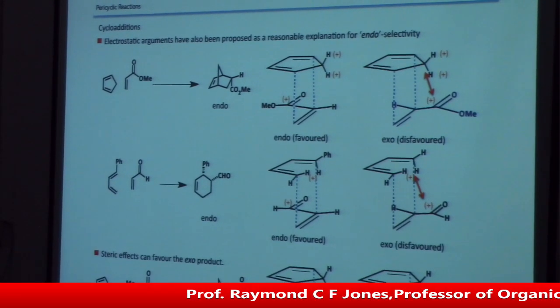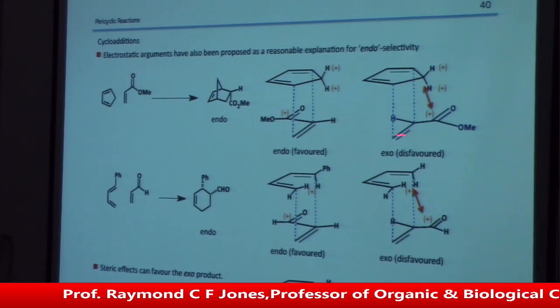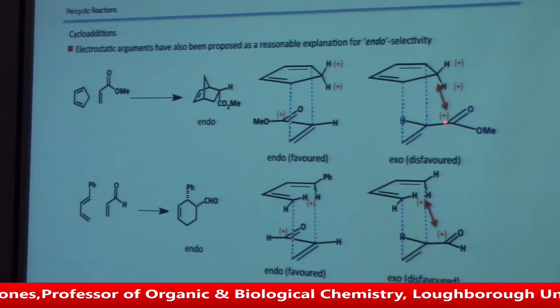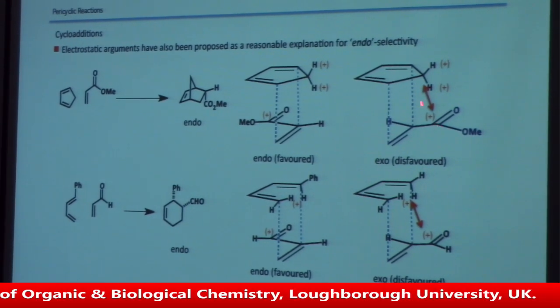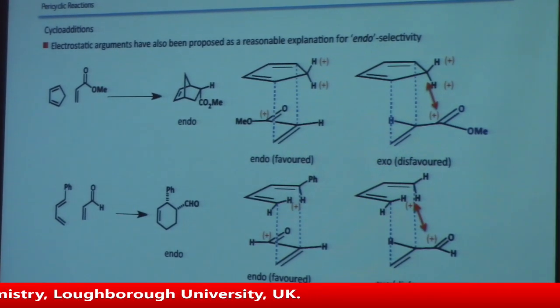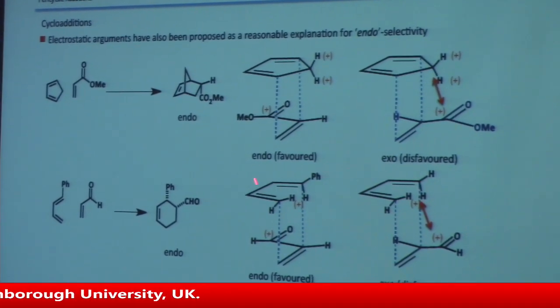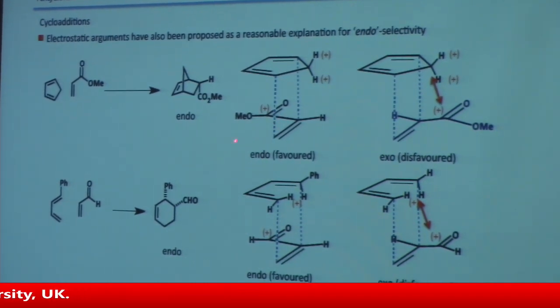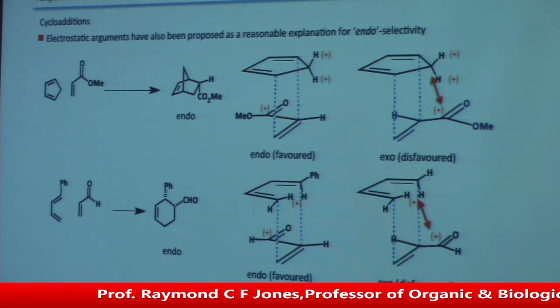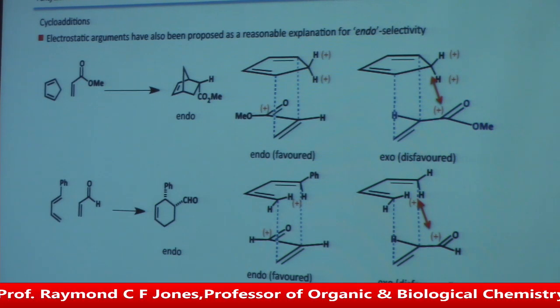Well, sorry, they're not perhaps denying secondary orbital overlap, but they're saying that repulsion between the delta plus carbon on the carbonyl group and these delta plus hydrogens here is disfavouring that. Whereas keep these two far apart and this will be favoured. This one's disfavoured, which means that this one must be favoured or must be preferred. And then you can start doing that with the others as well. I don't find that quite so satisfying overall.